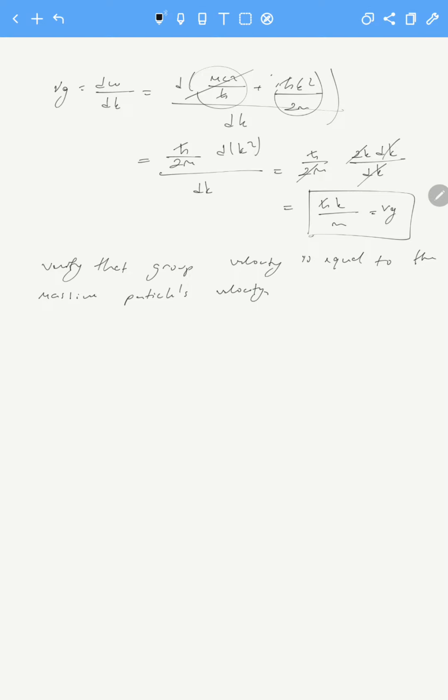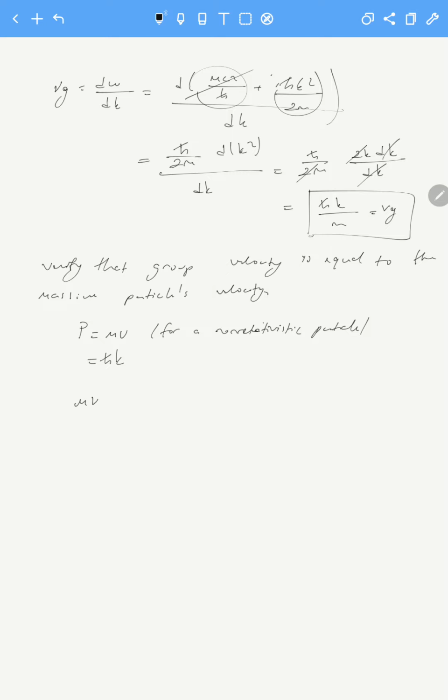So for this we need to use the relation for momentum, that was this for a non-relativistic particle, and we know this to be equal to this.